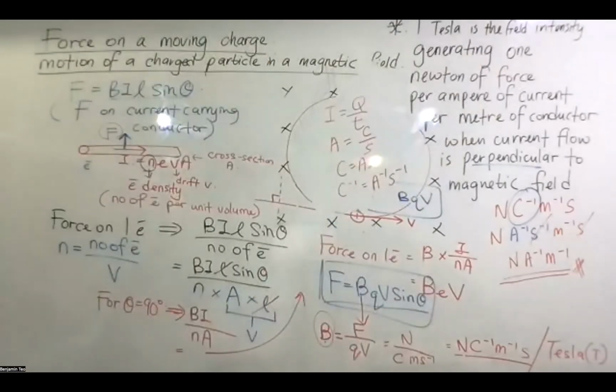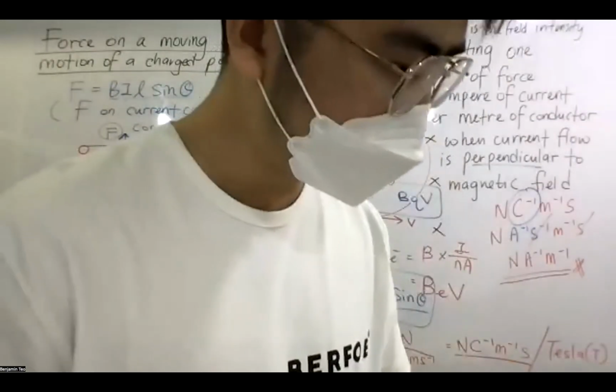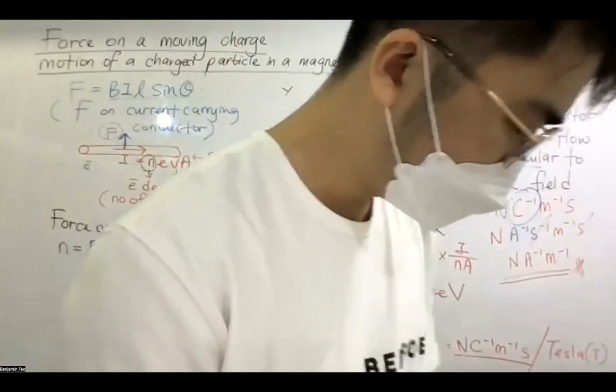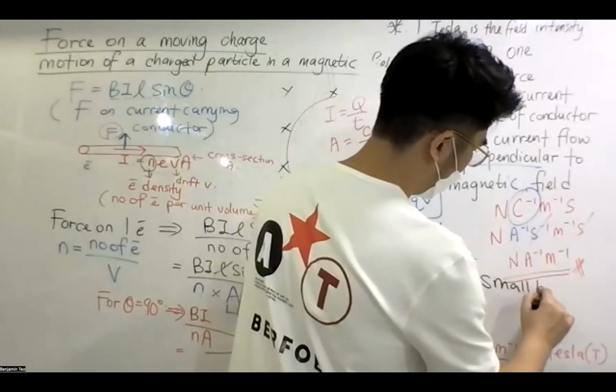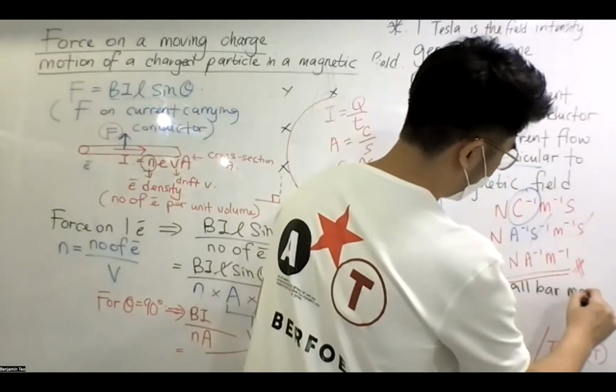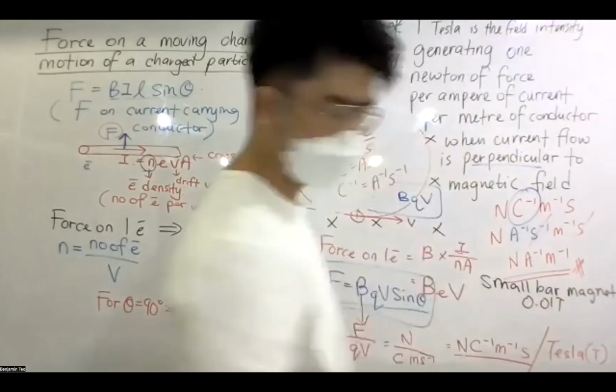Right, so Tesla is the strength of the magnetic field. Just to give some perspective, how many Tesla is one small bar magnet? One small bar magnet is about 0.01 Tesla.